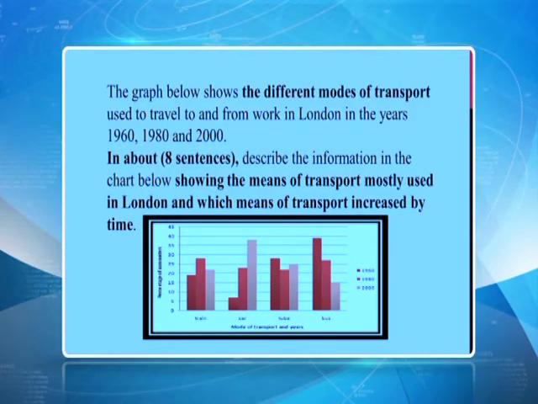So over here they told you what the chart is telling you, right? They want you to write about 8 sentences, describe the information in the chart below, showing the means of transport mostly used in London and which means of transport increased by time.